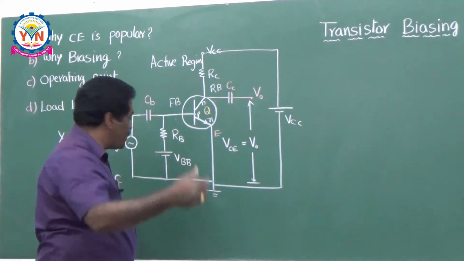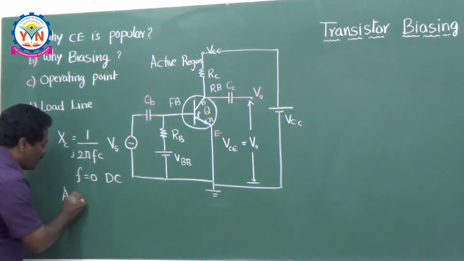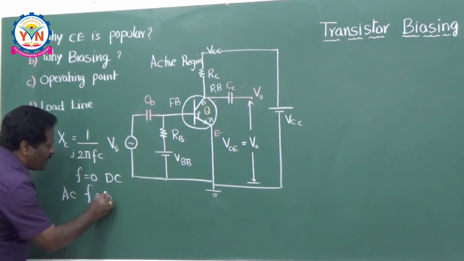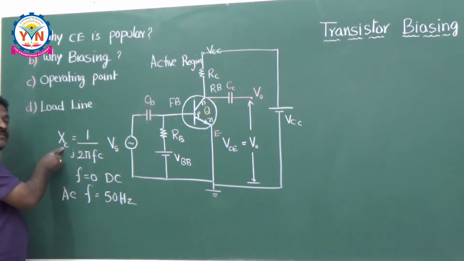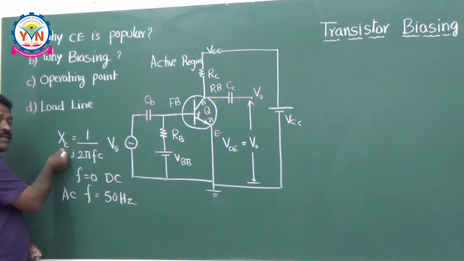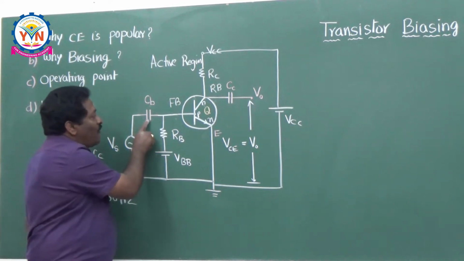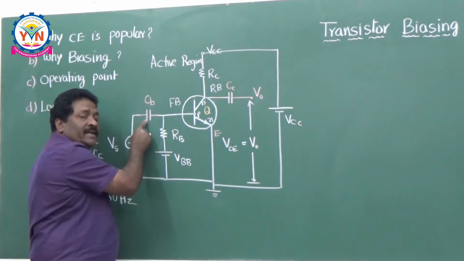Why does it allow AC? If you take AC here, the frequency is 50 Hz. If you take this 50 Hz here, the reactance will have some low value. That means it offers low reactance for AC and infinite reactance for DC.